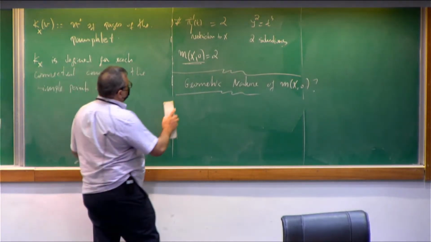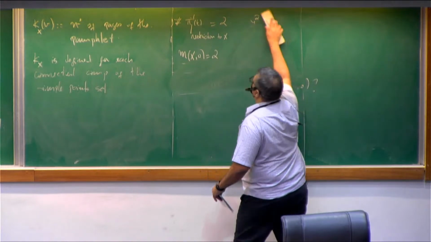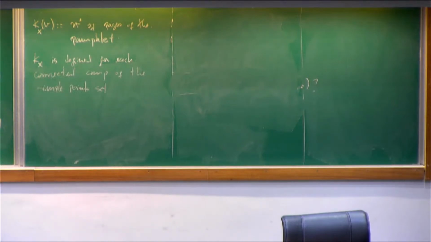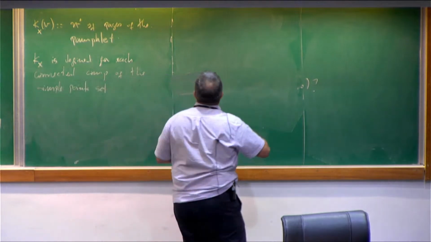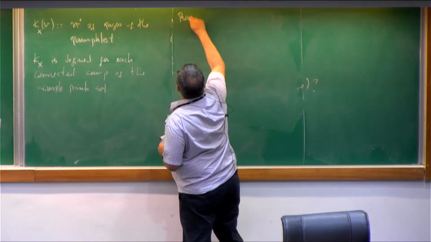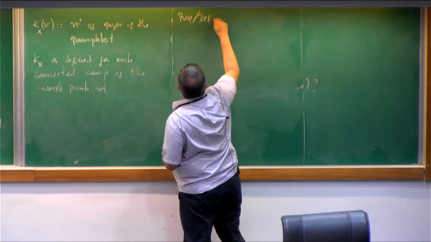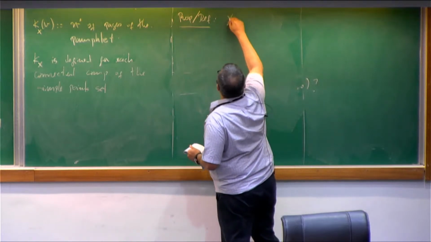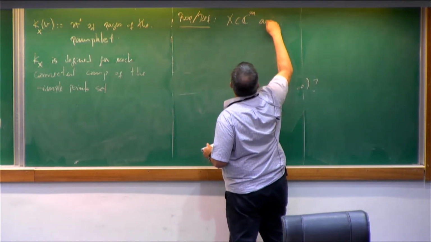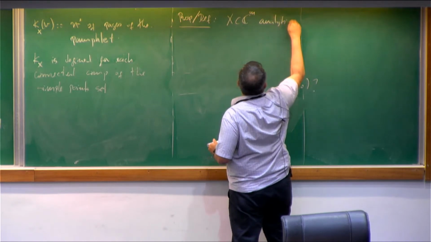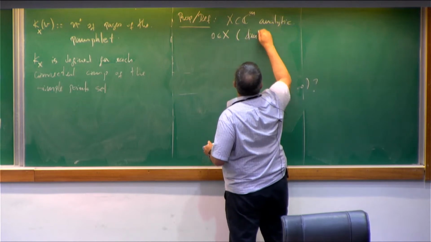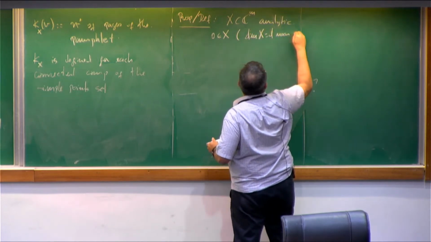So one more proposition-definition. So now we are in the complex setting, okay? Analytic. 0 belongs to X, and the dimension of X is equal to D, near 0 at least.